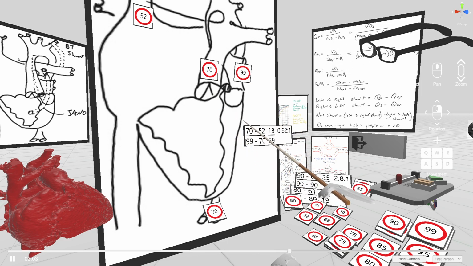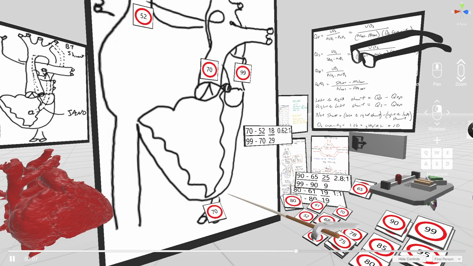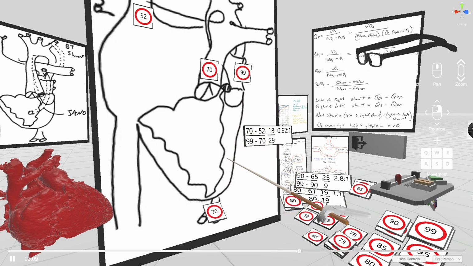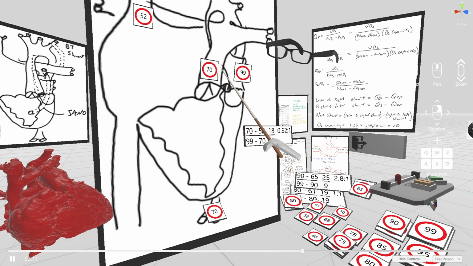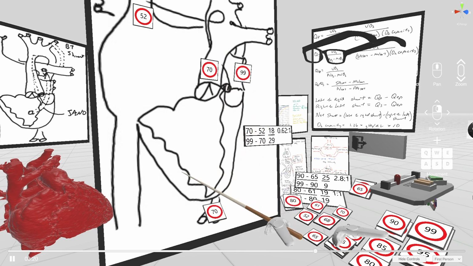Now, what does this kiddo look like? Well, he probably looks pretty good as well. He's going to probably be blue at this point, so you're going to notice that. But the amount of blood going to the lungs is 0.6 compared to that that's going to the body. So this child, again, is going to have good peripheral pulses.